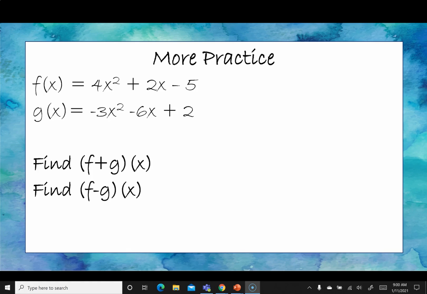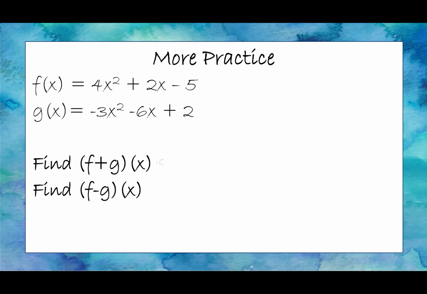Here's some more practice. We've got f plus g of x, and it's a little bit more work, but we're basically being told to add these two functions. And so that's going to be equal to a 4x squared plus 2x minus 5 plus, and if you want to put parentheses, you can, but distributing a plus will give you the same exact function, and so it's not necessary here. And so right now I'm just copying down that g of x.